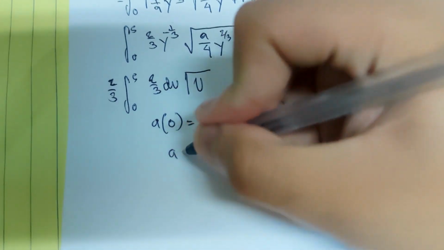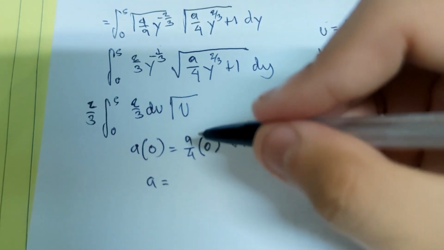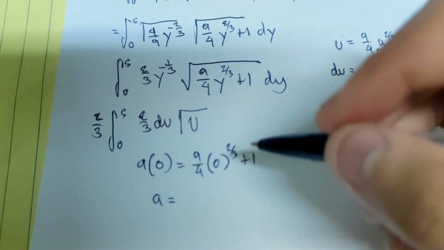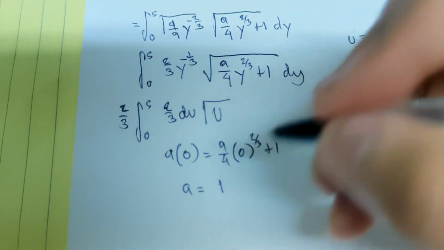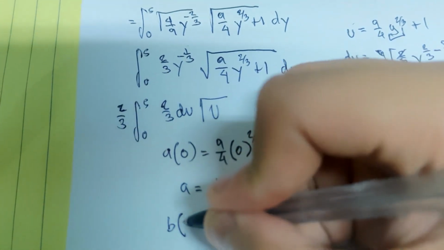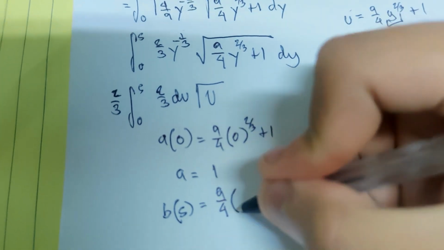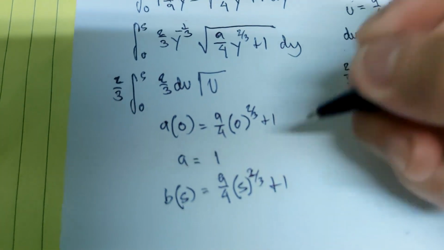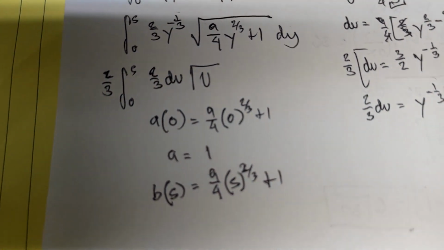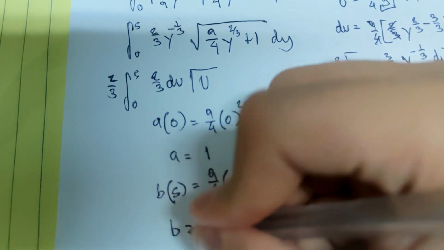So our a here will be 0 multiplied by 9/4 raised to 2/3, which is 0, plus 1, so this will be 1. For our b, we'll be using 5, so this will be 9/4 times 5 raised to 2/3. We can use our calculator here to solve for this one.